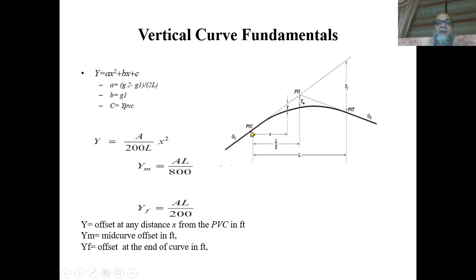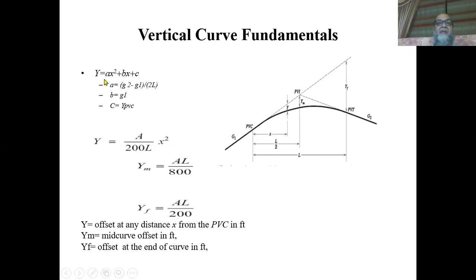And if we have the origin at PVC, and this is always my x, the minimum value of x is 0 and the maximum value is the length of the curve. So x can be 0 and x can be as large as L by 2.